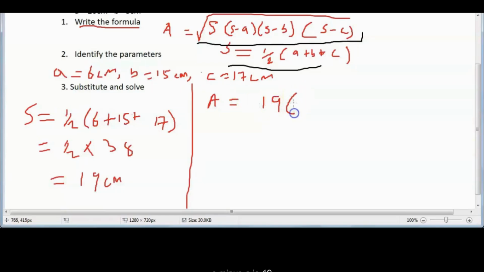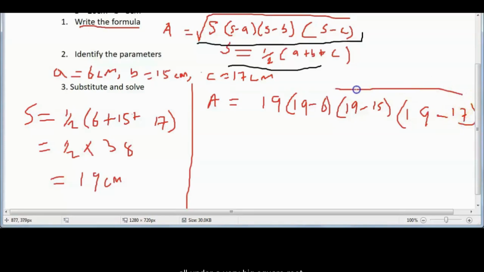S minus A is 19 minus 6, 19 minus 15, and S minus C is 19 minus 17, all under a very big square root.